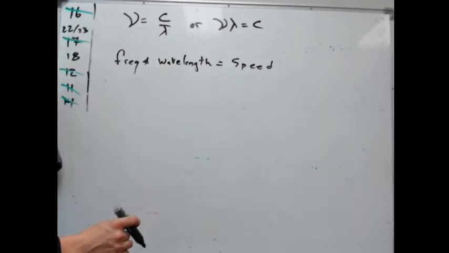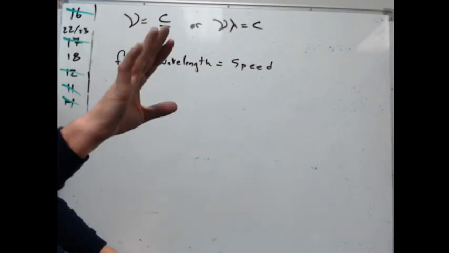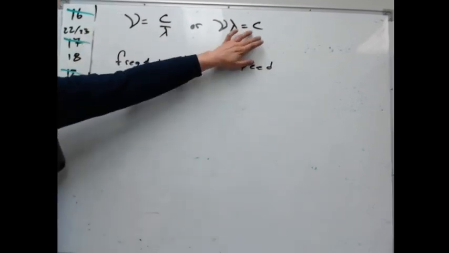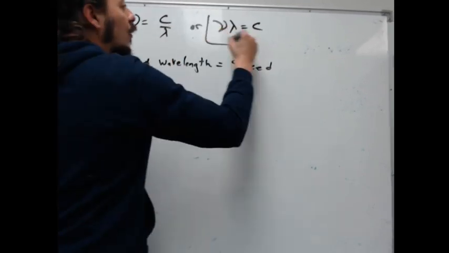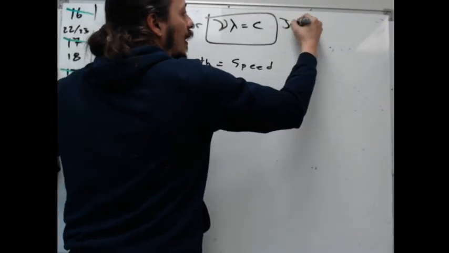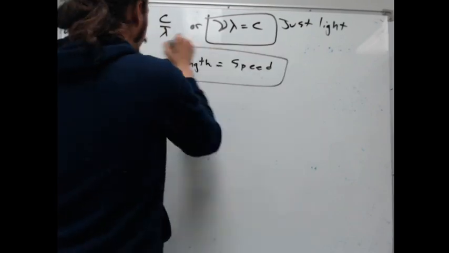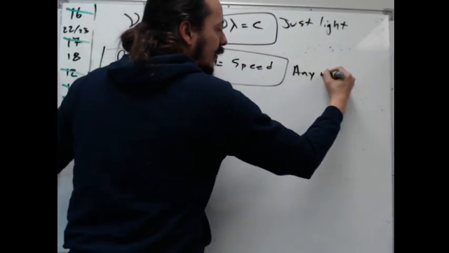So c isn't just constrained to the speed of light? It can be any speed? No, this is two different things. c is specifically the speed of light. This equation is just light. This equation is really any wave.